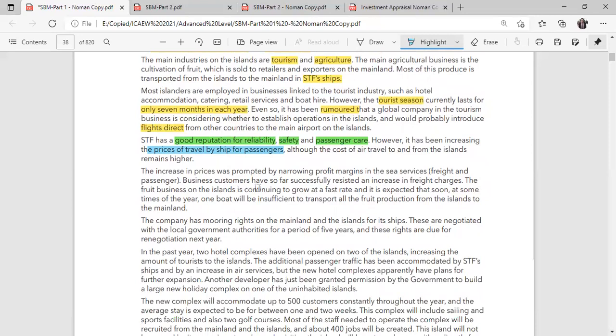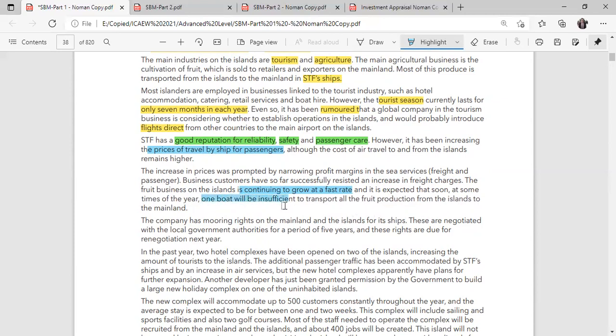Business customers have so far successfully resisted an increase in freight charges. The fruit business on the mainland is continuing to grow at a fast rate and it is expected that soon, at some times of the year, one boat will be insufficient to transport all the food production from the island to the mainland.